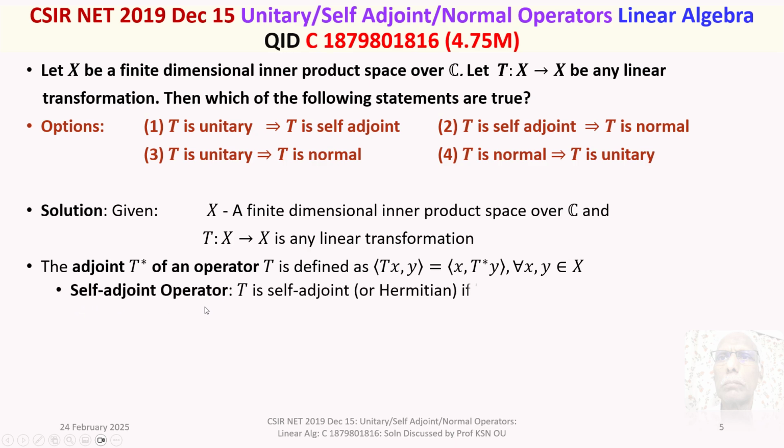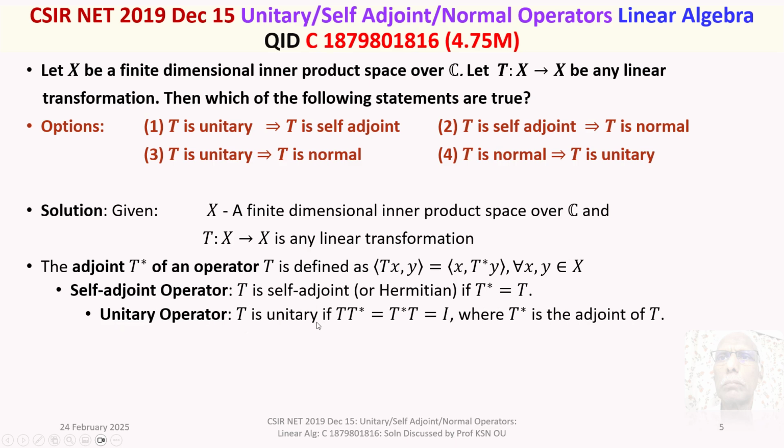Self-adjoint operator. An operator T is self-adjoint, or sometimes called Hermitian, if T star is equal to T. Unitary operator.